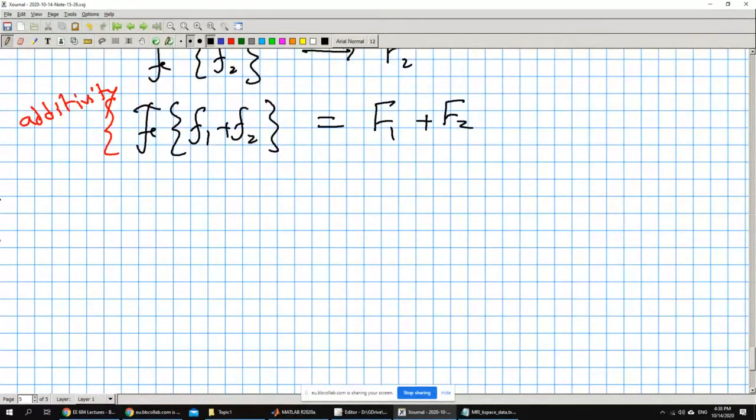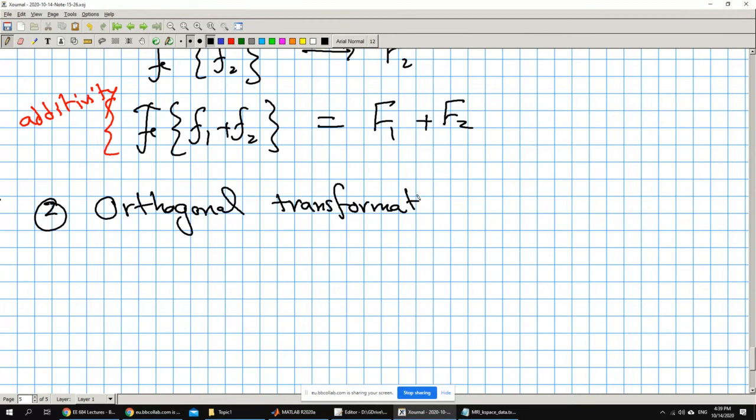So the second one is as follows. It's a very important property. We call it an orthogonal transformation. Do you know the meaning of the word orthogonal? Perpendicular.